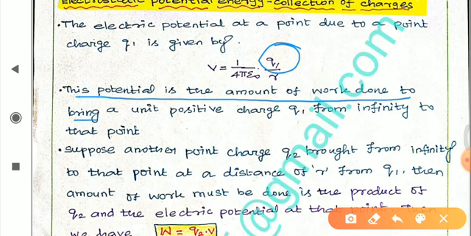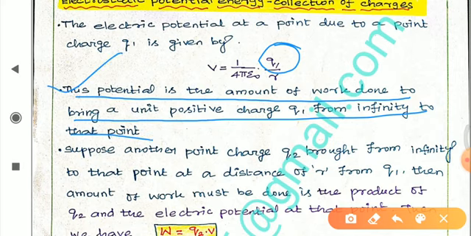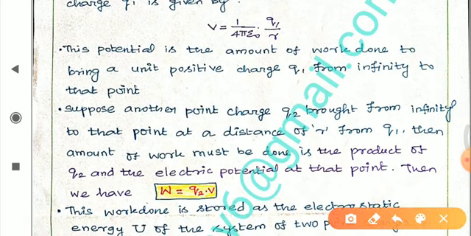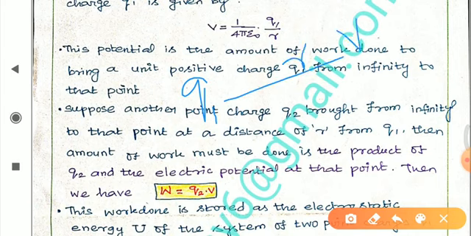That is known as electric potential. Suppose we consider another point charge also. Suppose Q1 is the point charge here. At a distance of r, it will produce some amount of potential, which may be considered as V1.